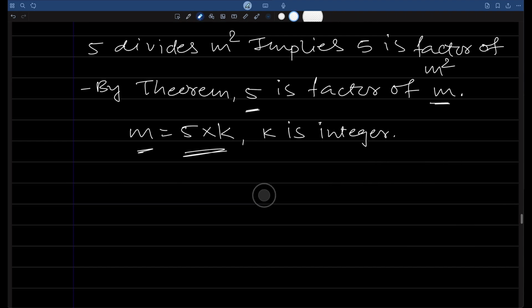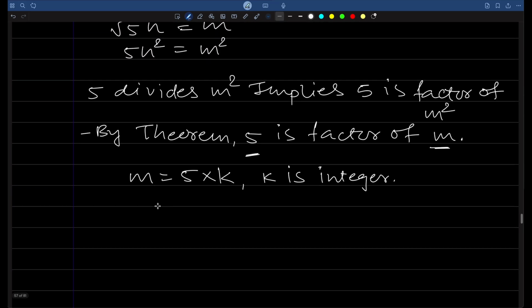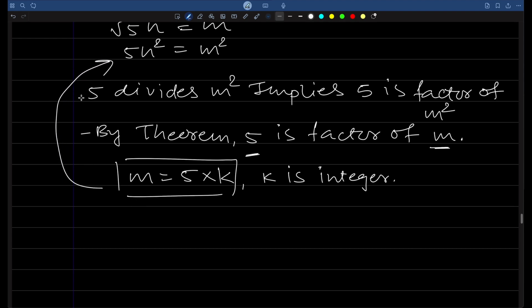Now let us continue our proof. We will put m equals 5 into k in this equation, 5n square equals m square.